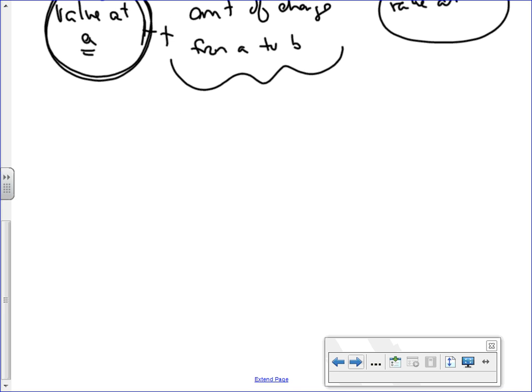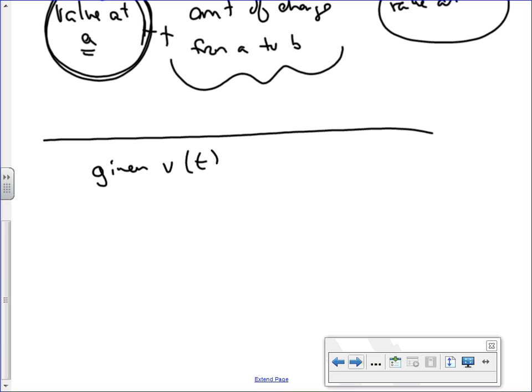So let's look at this from the velocity acceleration point of view. If I give you velocity and I tell you that some position was x of 2 equals 5, or when t equals 2, x equals 5. Remember, they sometimes say it that way.